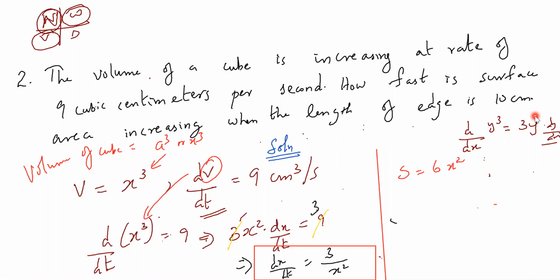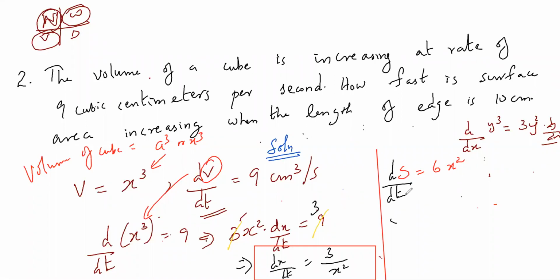So what will we do for this? How fast is surface area increasing? Which means with respect to what do I differentiate surface area? With respect to time, d by dt, because how fast means I have to differentiate with respect to time.